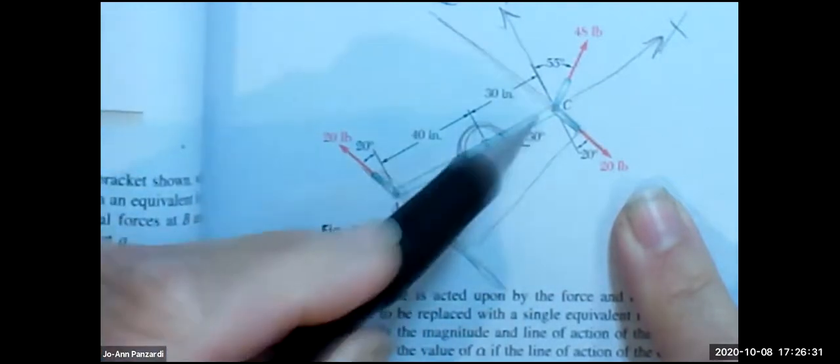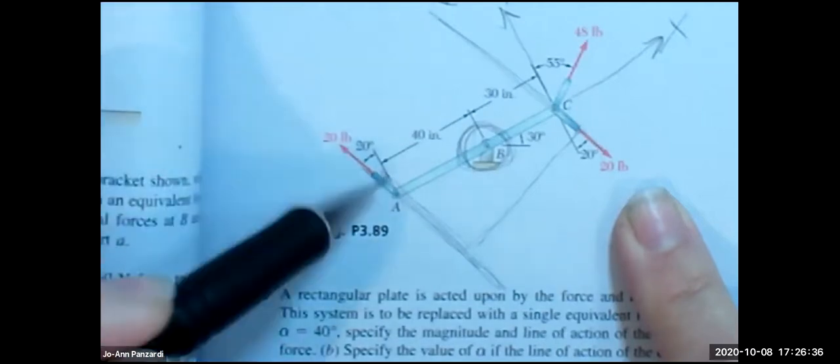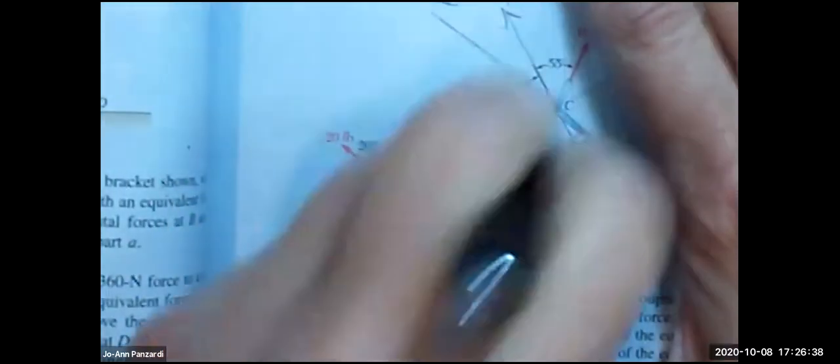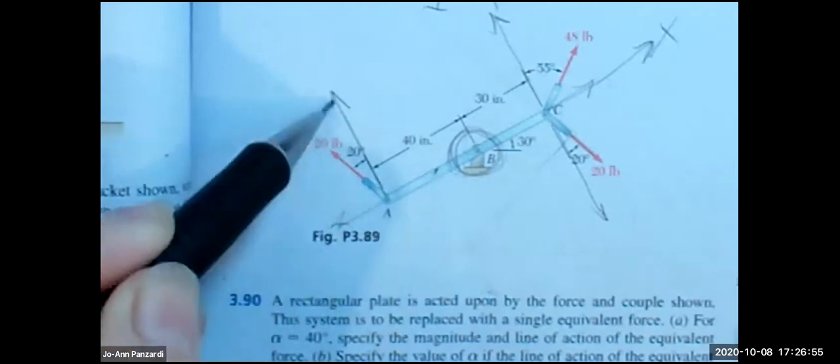And I probably could find it with geometry. But instead I broke it up into a Y component and an X component, and then the X components go through each other. They cancel each other out, and they go through B. They don't create a moment, so I only did the Y component.